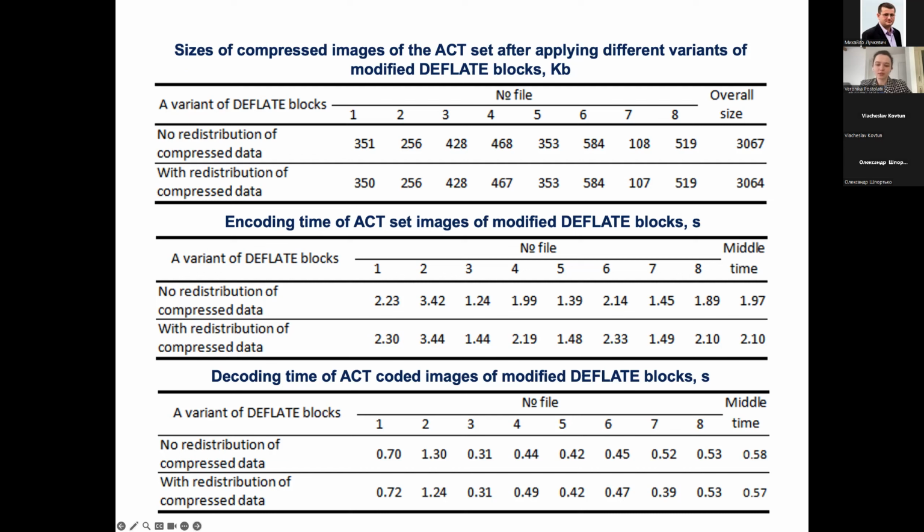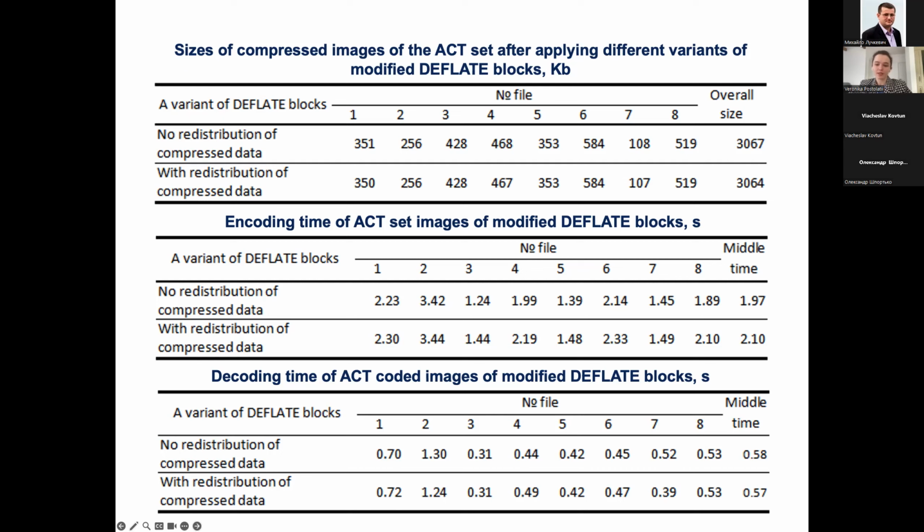Such modest results are explained by the fact that, firstly, the maximum gain from the combination of adjacent modified deflate blocks is equal to the block header, up to 380 bytes. And secondly, after using different scalar models and predictors, these images have a highly uneven distribution of element frequencies, and partitioning doesn't significantly increase their homogeneity.